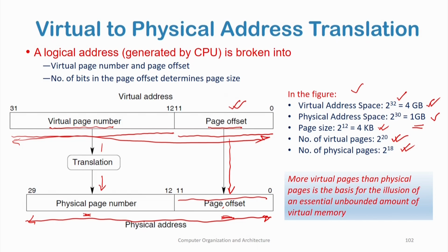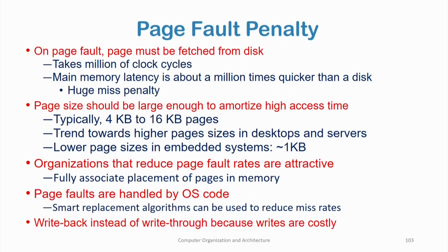So, essentially I have an unbounded amount of memory. However, the translation process guarantees that all these virtual pages or virtual addresses will be correctly mapped to proper locations in the physical memory.